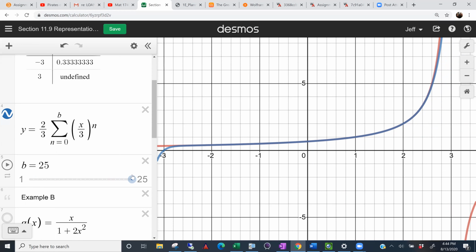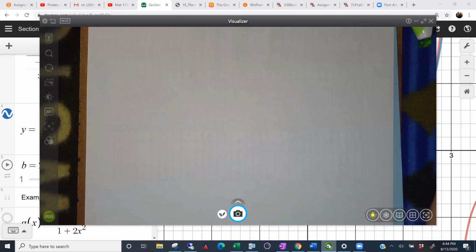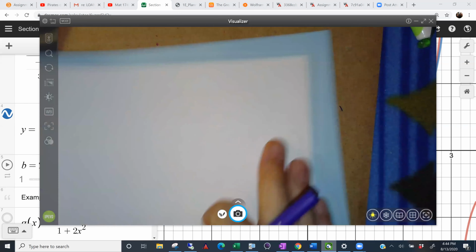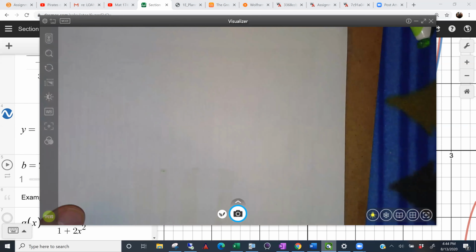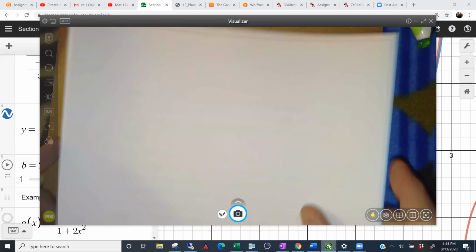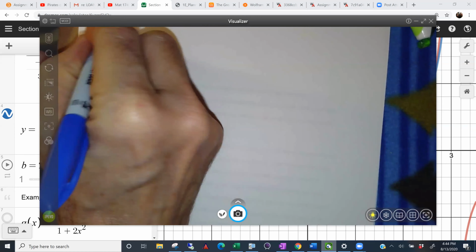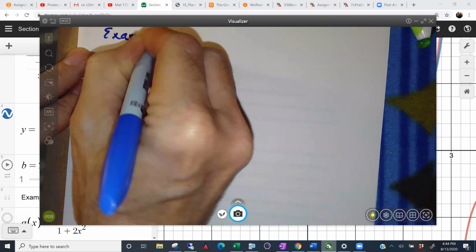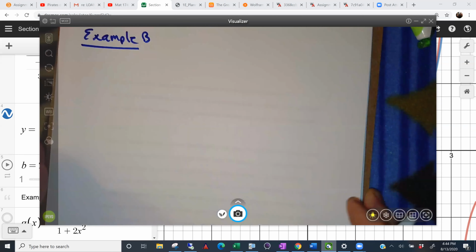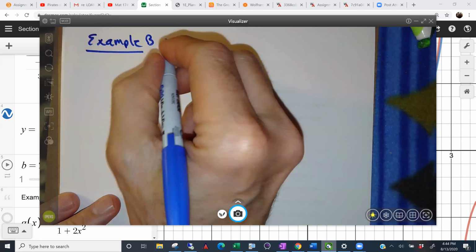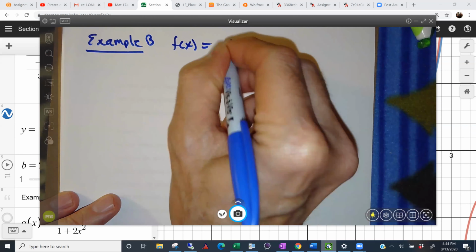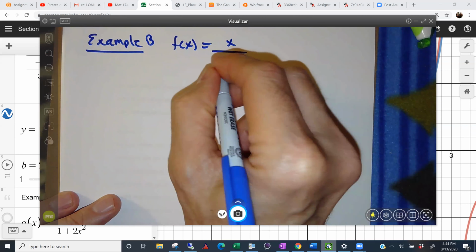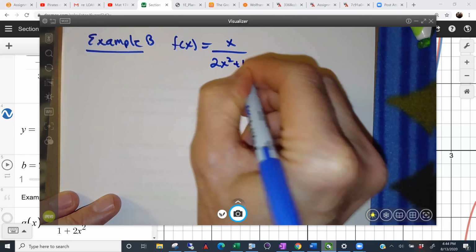Okay, let's do some more here. So we'll do example B. That's going to be f of x is x over 2x squared plus 1.